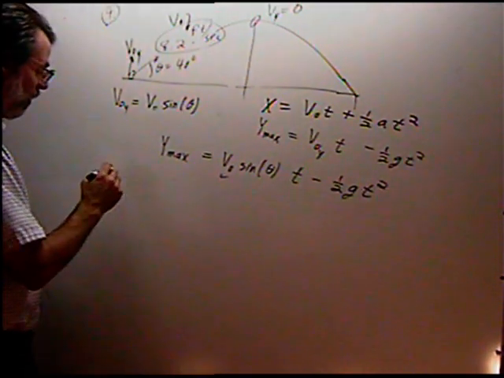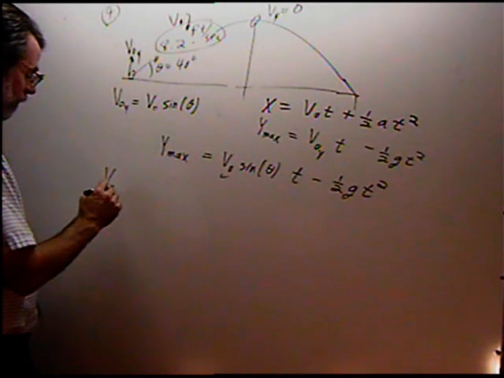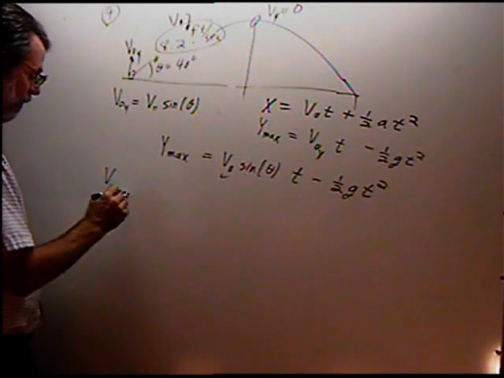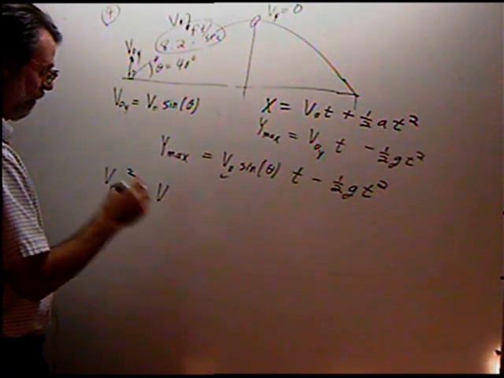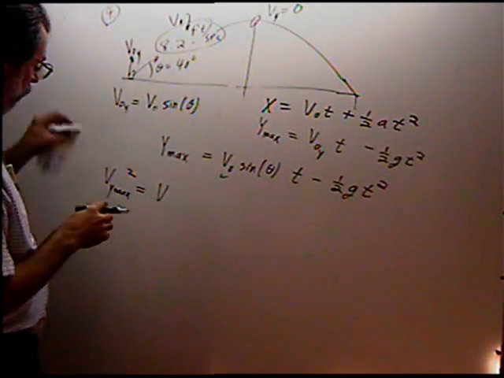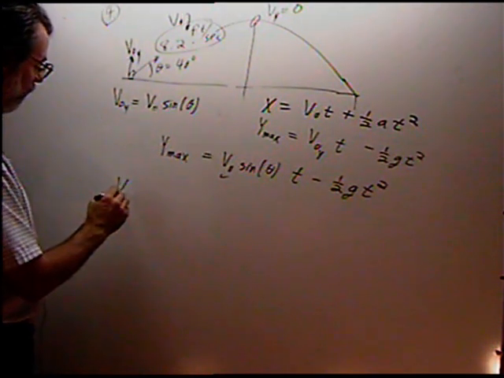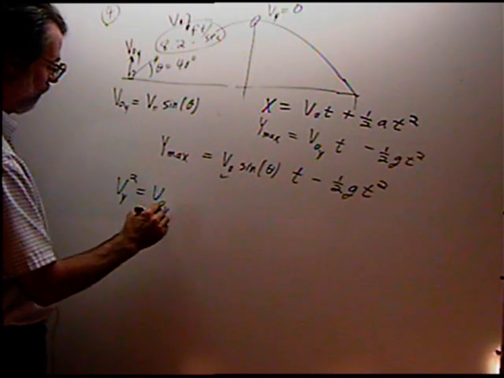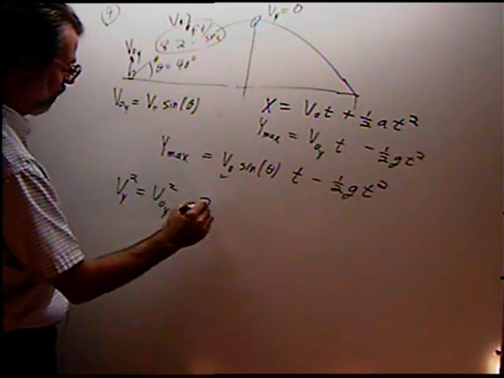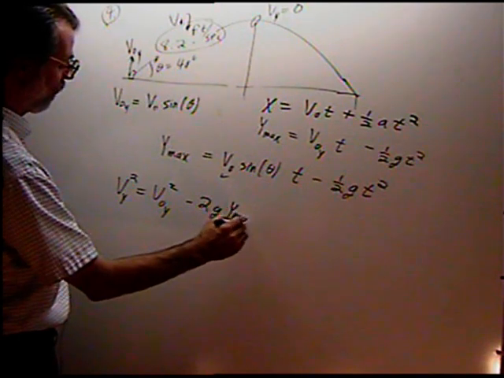Well, you could solve this equation: the velocity in the y squared is the initial velocity squared minus 2g y max.